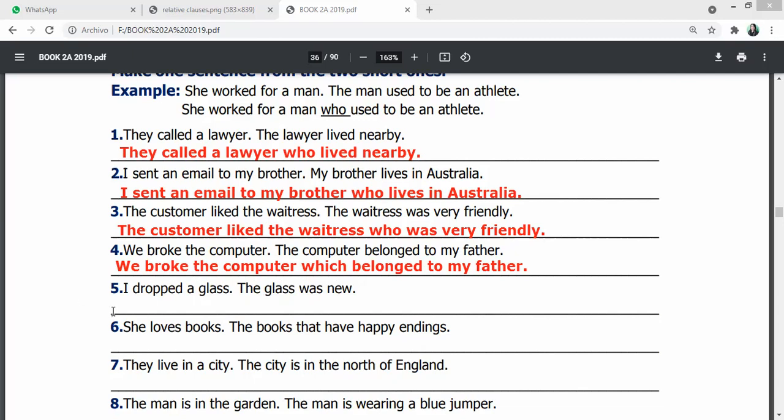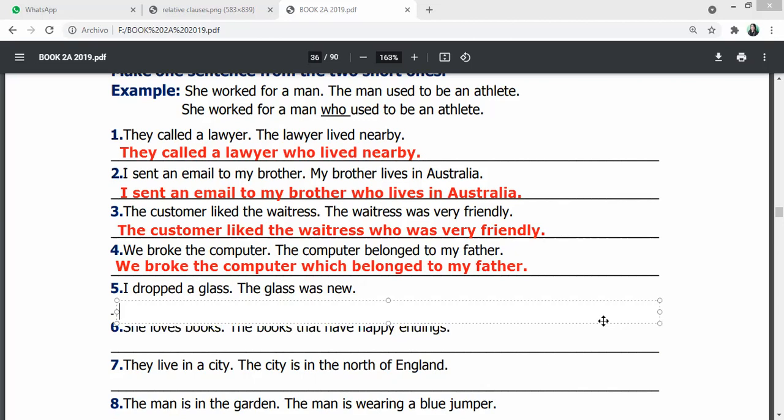Okay. In this case, I dropped a glass which... I dropped, with T sound at the end. I dropped a glass which was new.